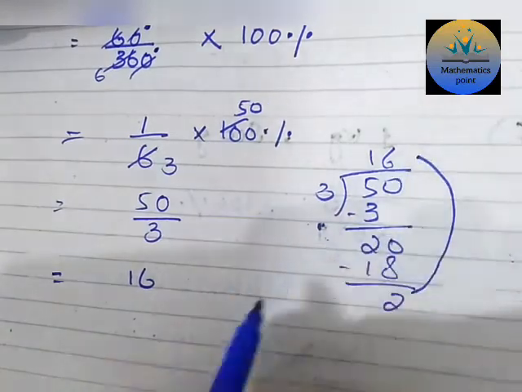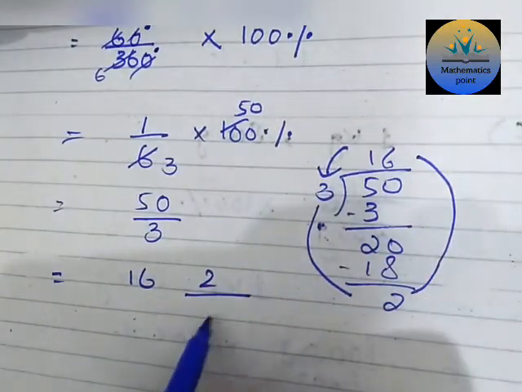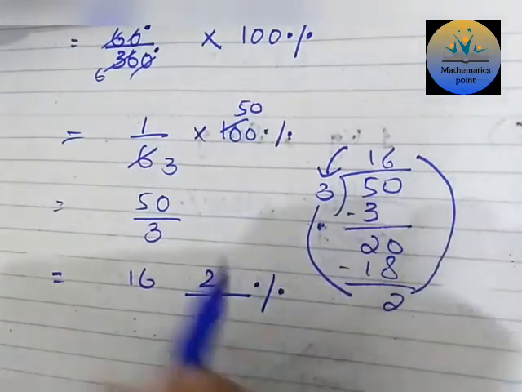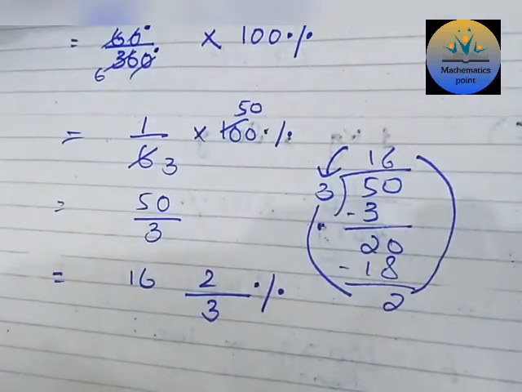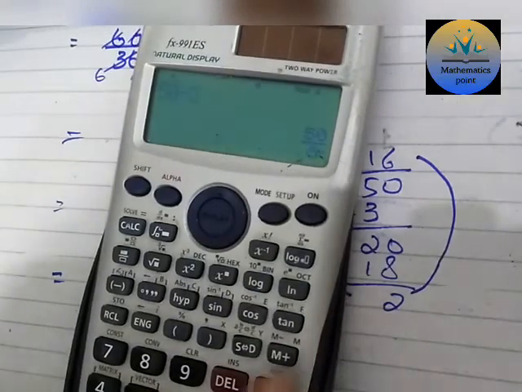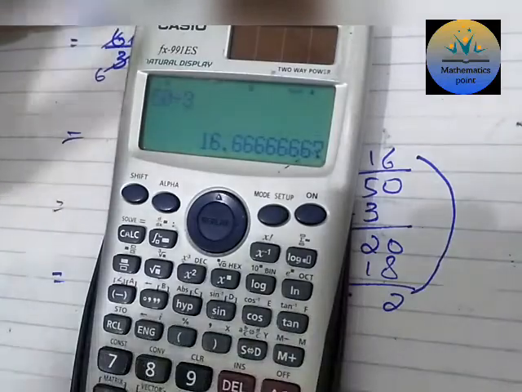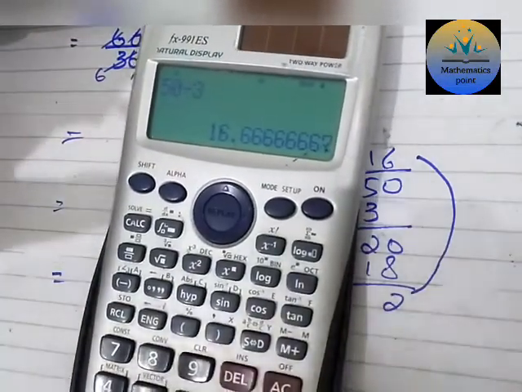The remainder goes on the numerator and this on the denominator, making a cyclic percentage. Or you can also solve it here, 50 divided by 3 by using the calculator, and write your answer in decimal. So you can also write it as 16.6 or round off this term, 16.7%.